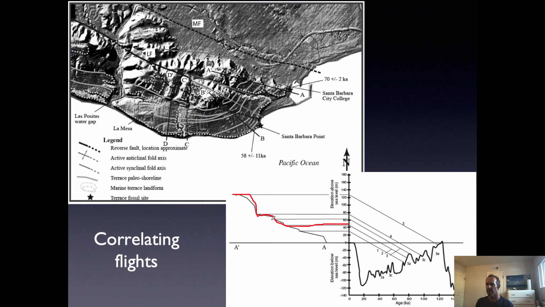So they figure out the age of the terrace, compare that to what sea level was at that time, and throughout most of the last 100,000 years, sea level was lower than today. So the uplift is actually greater than what you see in the landscape today. And then you can get a rate and an amount of uplift.